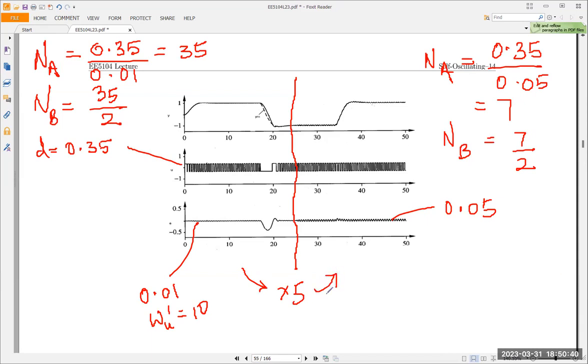Maybe I write properly. Then you see, here the plant is times 5. Here you divide by 5.